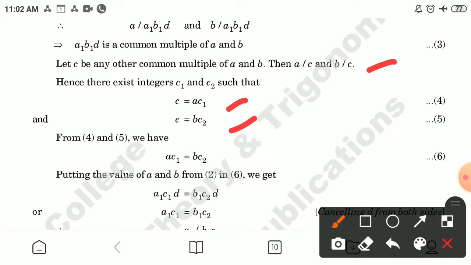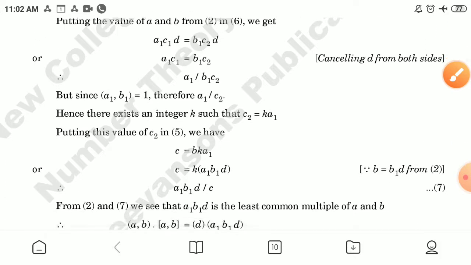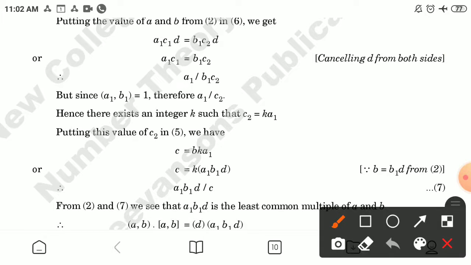From 4th and 5th, we can say AC1 is equal to BC2, marking this as number 6th. Putting the value of A and B from 2nd in 6th, we get A1C1D is equal to B1C2D, or A1C1 becomes equal to B1C2, cancelling D from both sides.